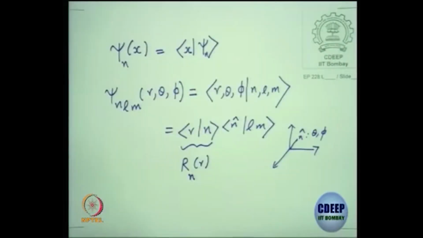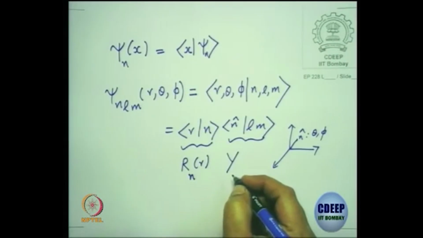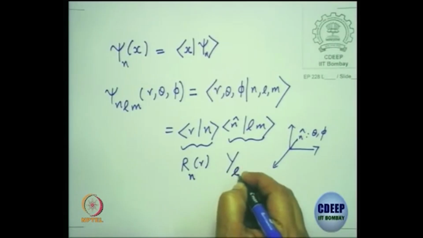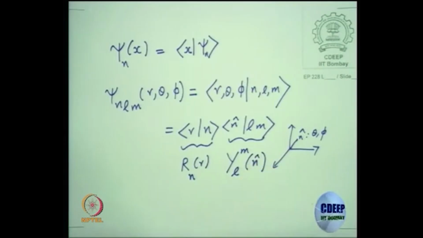What is this? We are going to call it the radial part of the wave function. What is this? This is your spherical harmonic, which you can write as Ylm of theta phi, or you can also call it Ylm of hat n vector, where hat n is a unit vector.